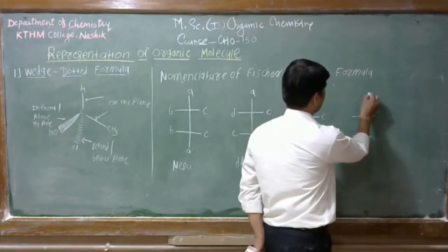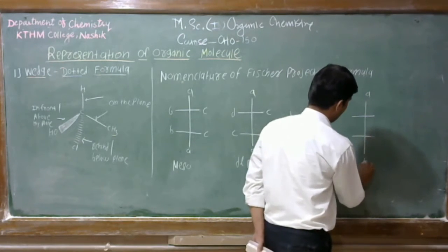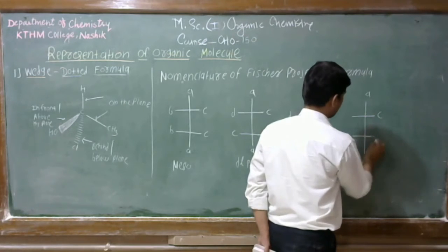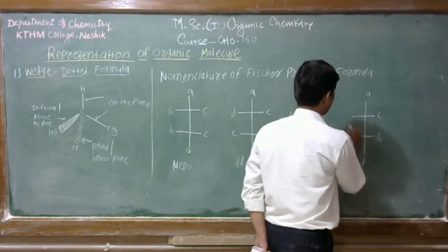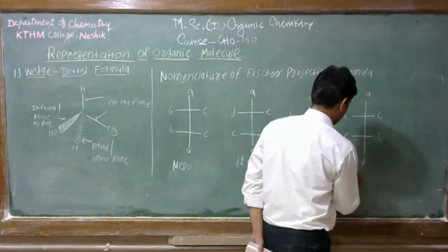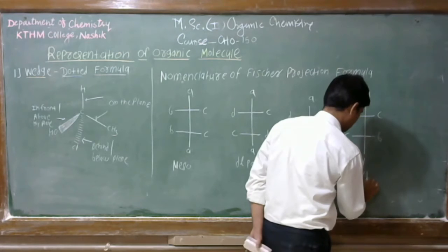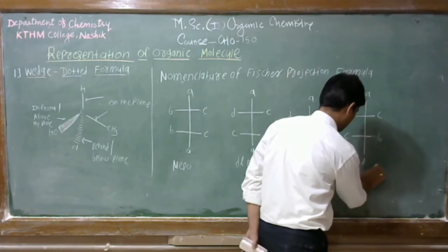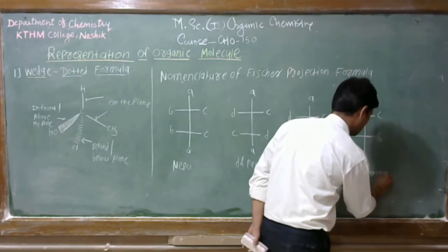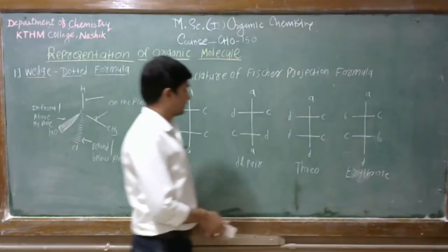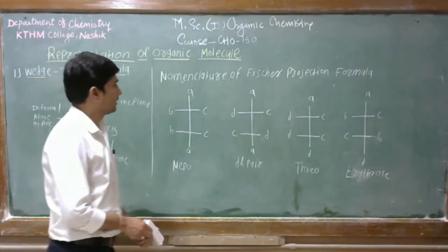And in the last structure, if the groups present on the vertical line are different and the groups present on the right hand side and the left hand side are also different, then this is called the erythro. So these are the nomenclature in Fischer projection formula.